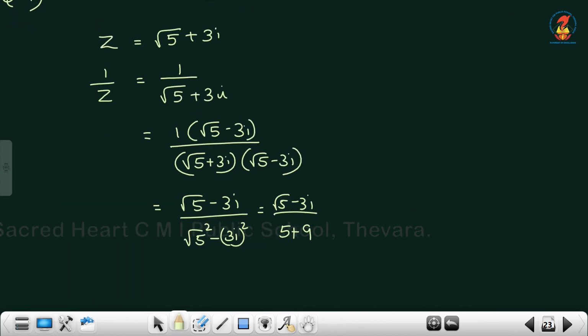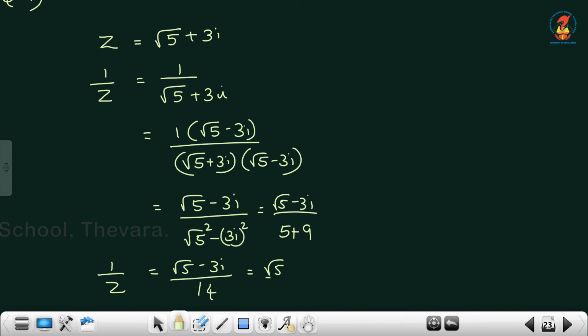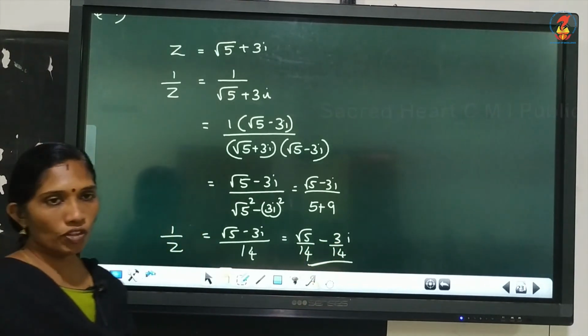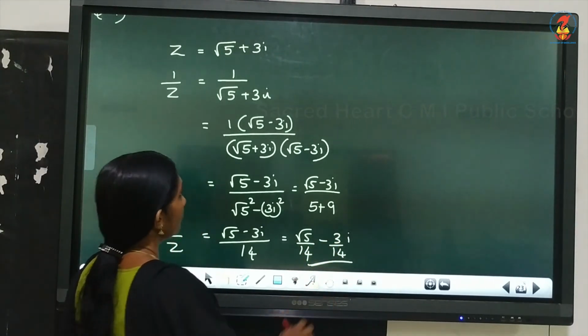So 1 by z, the multiplicative inverse, is equal to root 5 minus 3i by 14. You have to split like this, real part and imaginary part: root 5 by 14 minus 3 by 14 i. What is the real part of this complex number? It is also a complex number. Root 5 by 14 is the real part. Imaginary part is 3 by 14.